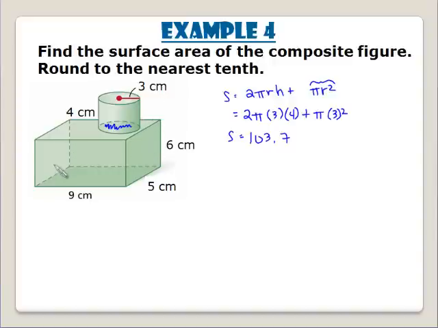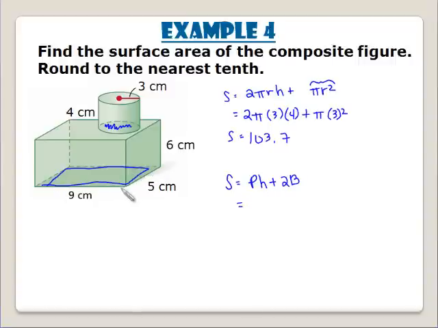Now down here I have a prism, and we're going to say that this rectangle up here and up here are the bases. And the equation for surface area of a prism was the perimeter of the base times the height plus 2 times the area of the bases. So the perimeter of the base, this is my base right here.